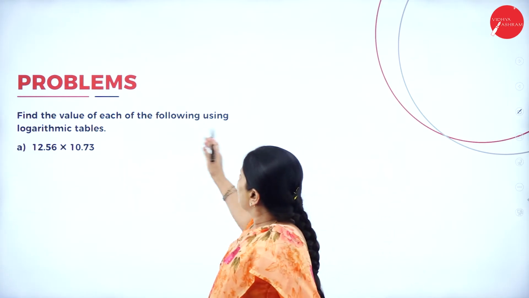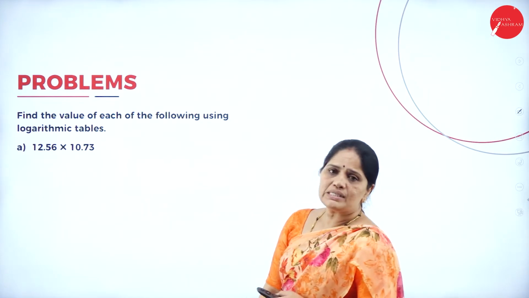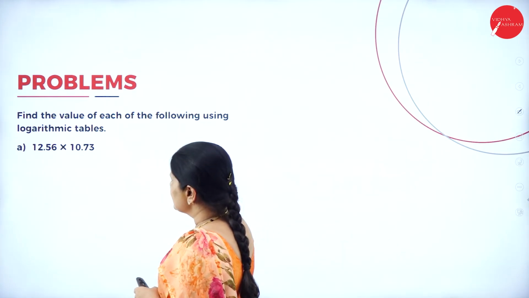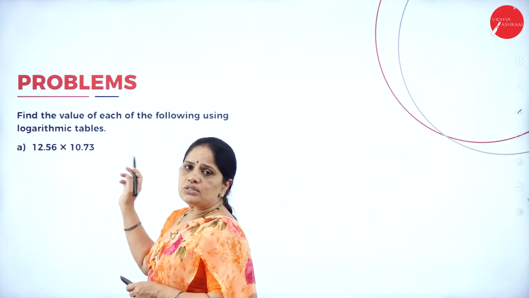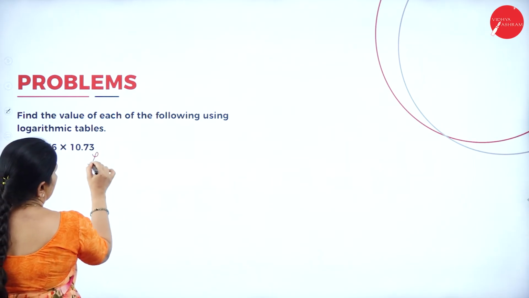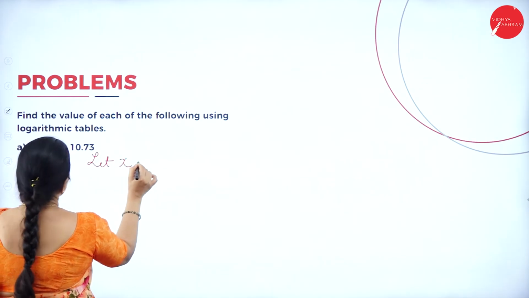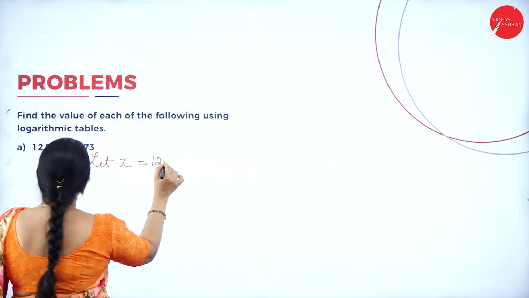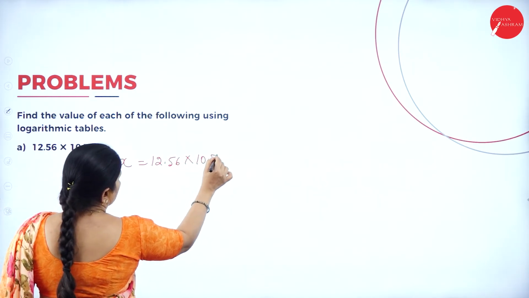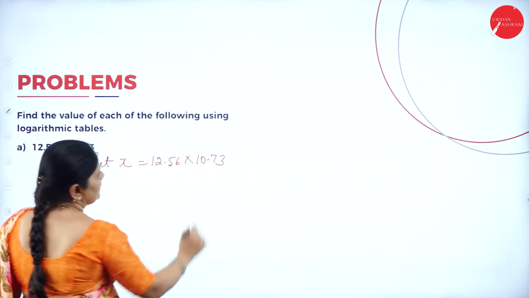Now, find the value of each of the following using logarithmic table. The given problem is 12.56 into 10.73. Let x be equal to 12.56 into 10.73.